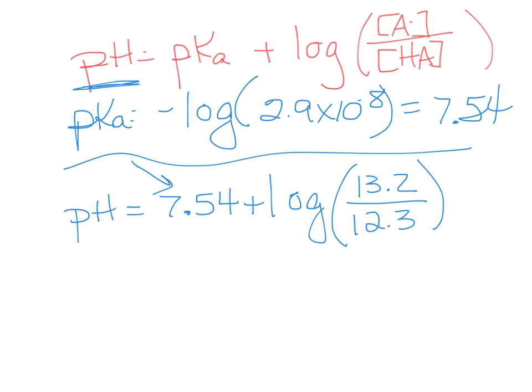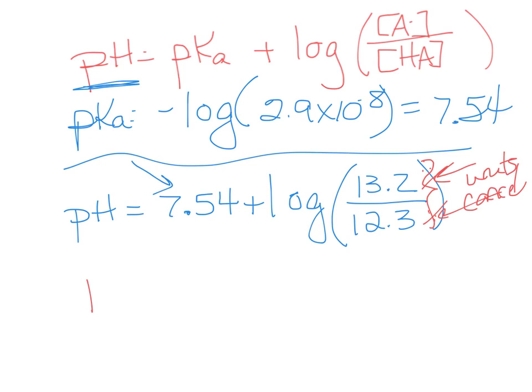The really nice thing about Henderson-Hasselbalch is that this is a ratio of two components, so units cancel. You can have units of molarity on top and bottom, or moles, or millimoles, because the units end up canceling. You just can't have grams, but moles or molarity is fine.